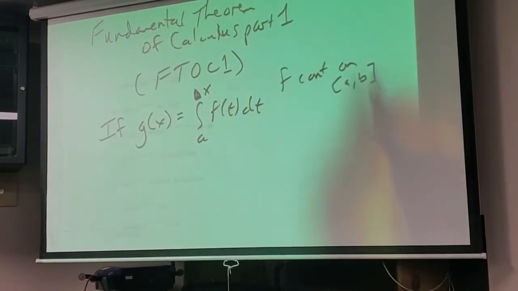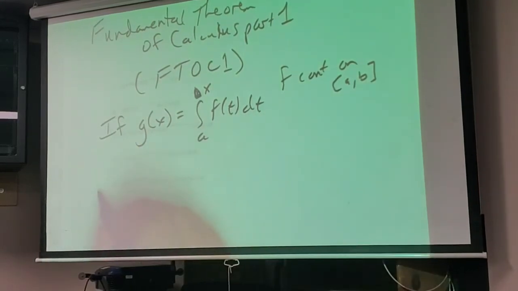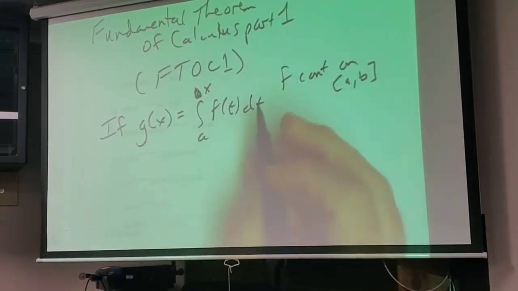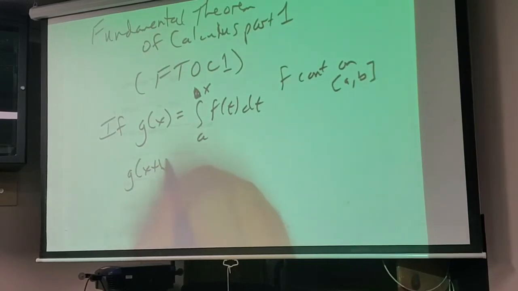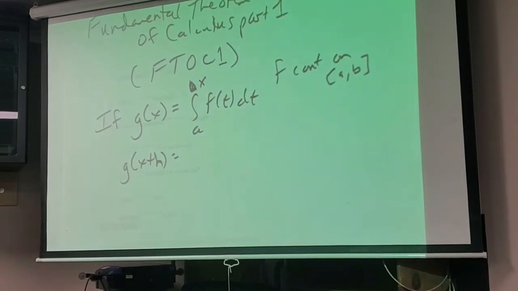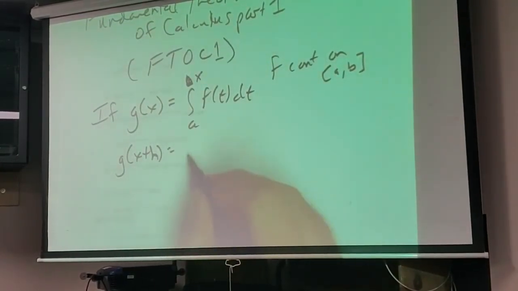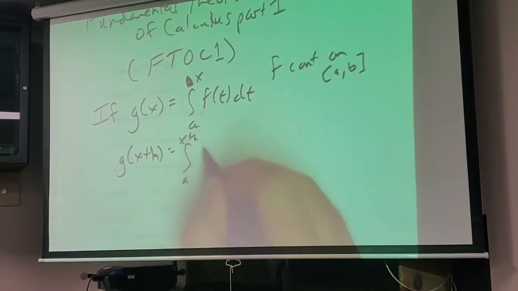Now this is going to be neat. Help me out. What is g of x plus h? Don't overthink it. We know what g of x is, so what's g of x plus h? It's the integral from a to x plus h. That's all it is, right? Just change the input.